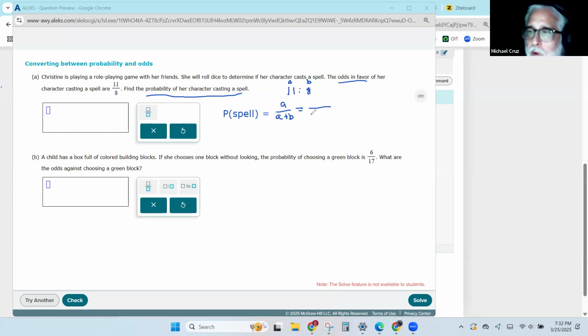The denominator is the easy part because it's always the two numbers added up. But we want the probability of her casting the spell. In other words, we want the probability of success. So we need A, and A is what? 11, right? So 11 over 19.